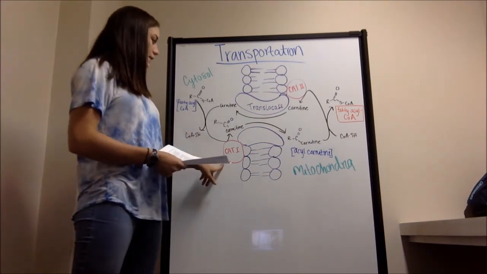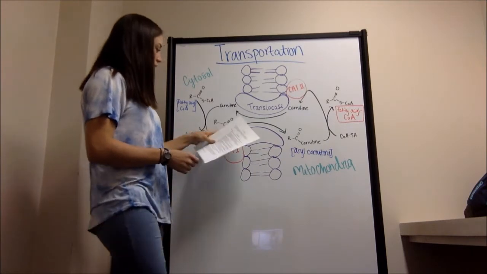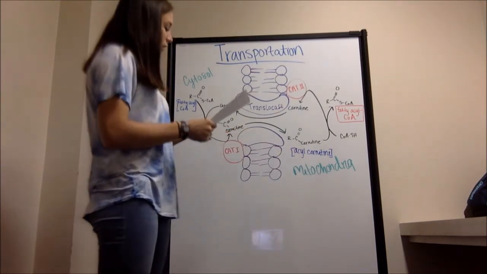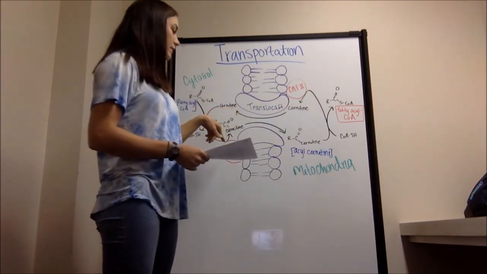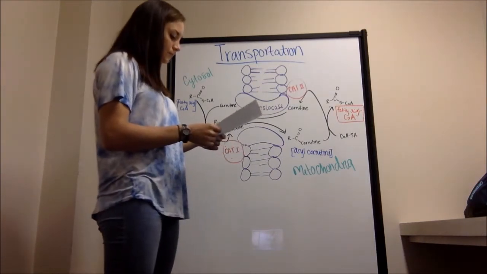That makes Cat1 the rate-limiting step. The enzyme acylcarnitine translocase spans the membrane, and acylcarnitine can be transported into the mitochondria while carnitine is simultaneously transported out, which conserves carnitine in this cycle.